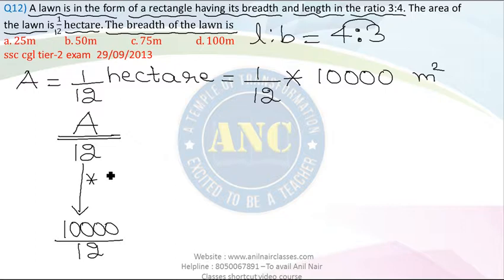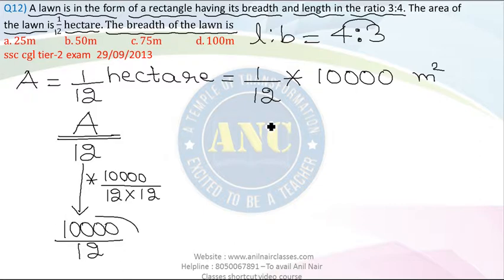That means multiply by 10,000, but here one 12 will come, but I don't want that. Divide by 12 into 12. Now if you check it out, 12 into 10,000 by 12 into 12, this 12 cancels. You are left only with 10,000 by 12. And that is what I have here also.